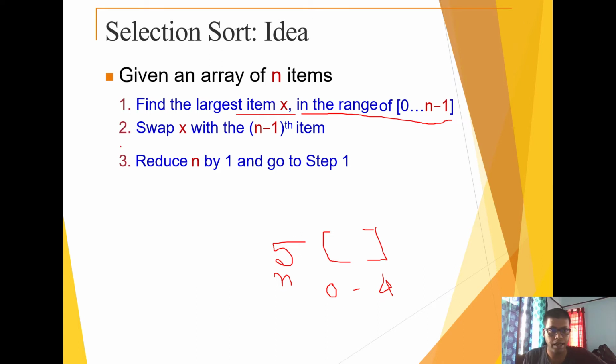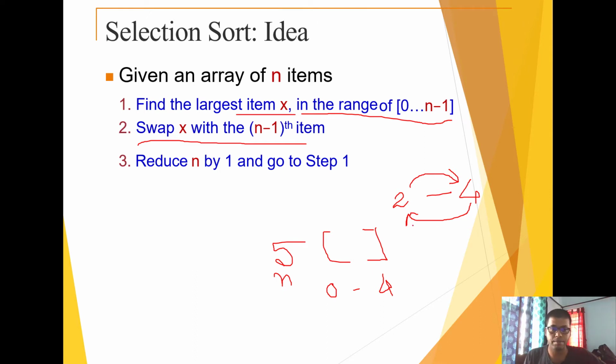After that, swap x with the (n minus 1)th item. Suppose we find the largest value at the second position. Then we swap it with the fourth position, so the value at position 2 will come to the fourth position and the value at position 4 will come to the second position.